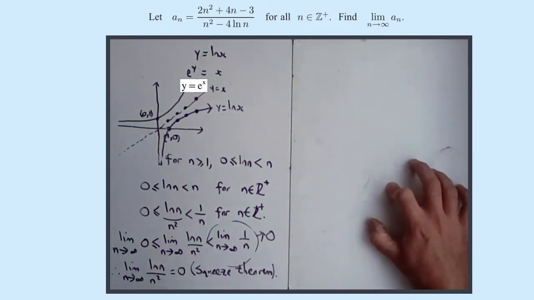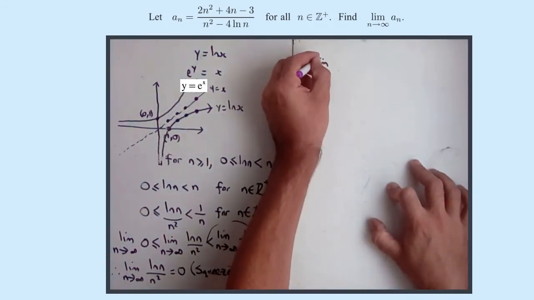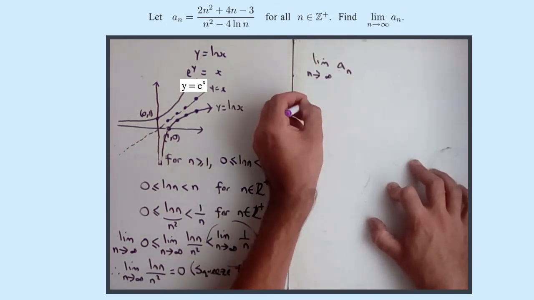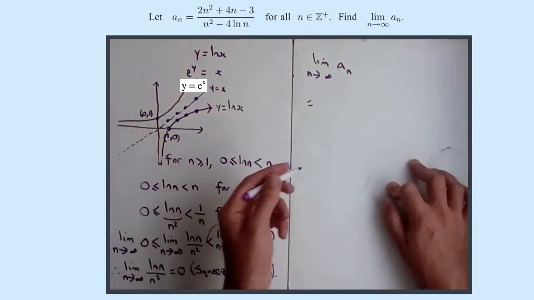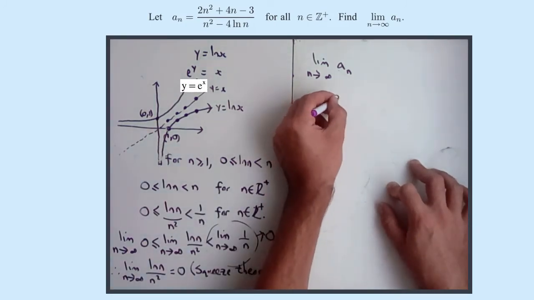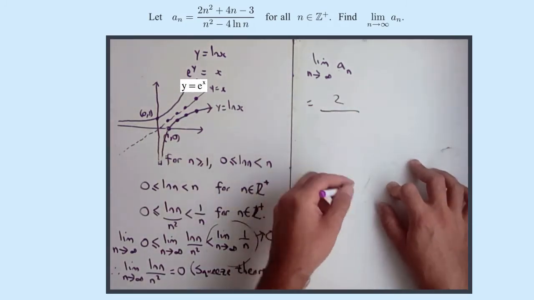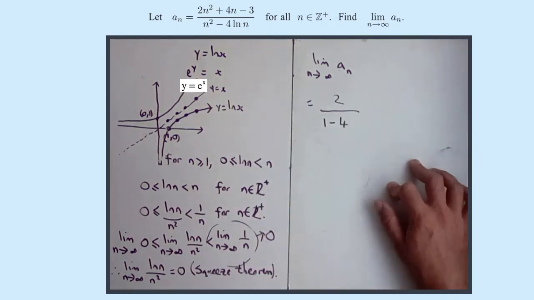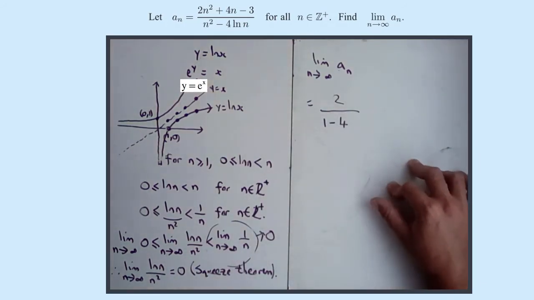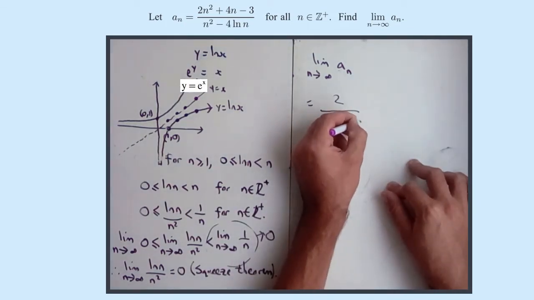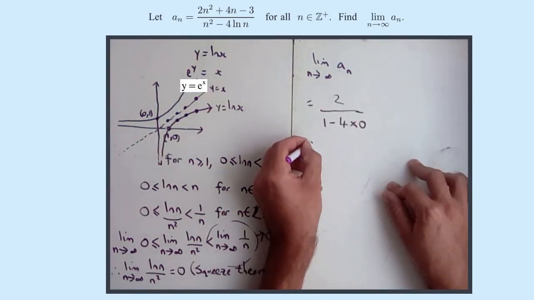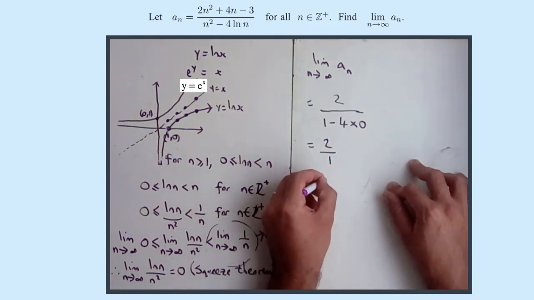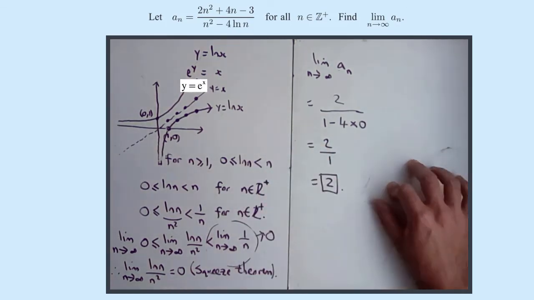So now, just to finish it off, the limit as n approaches infinity of the sequence a_n equals our 2 plus 0 over 1 minus 4 times, remember, the limit as n approaches infinity of ln n over n squared, so 4 times 0, which is just 2 over 1, which equals 2.